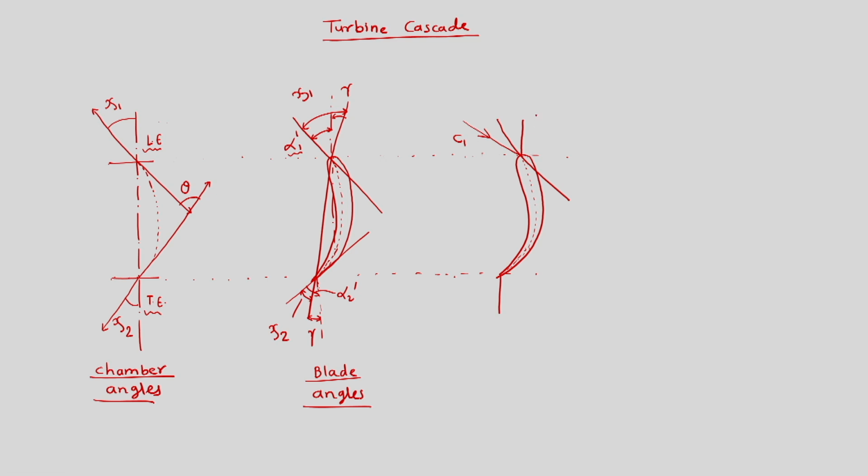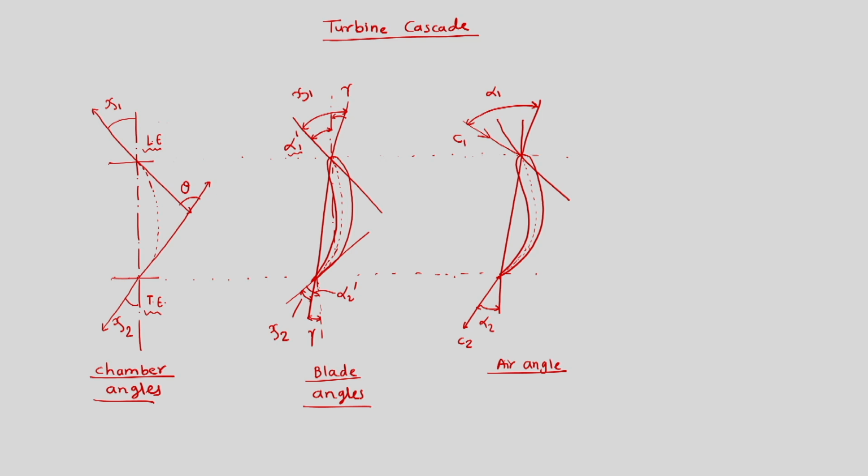And then we have the chord line as this. The velocity vector making an angle with the chord line is alpha 1, which is called the air angle. Similarly, let us say the velocity vector is going here as C2. This is making an angle with the vertical line, alpha 2.